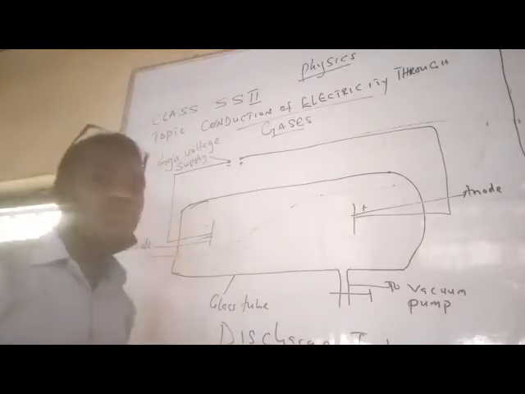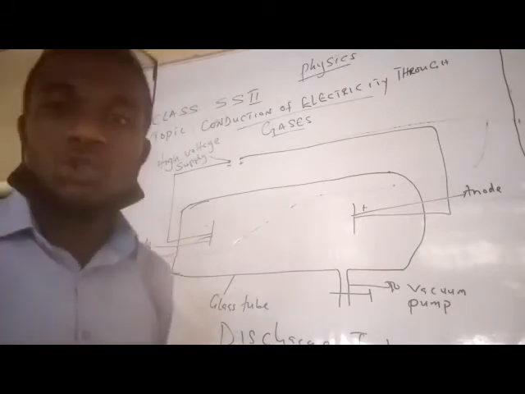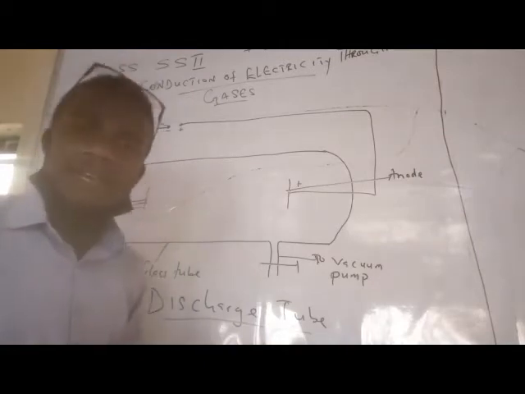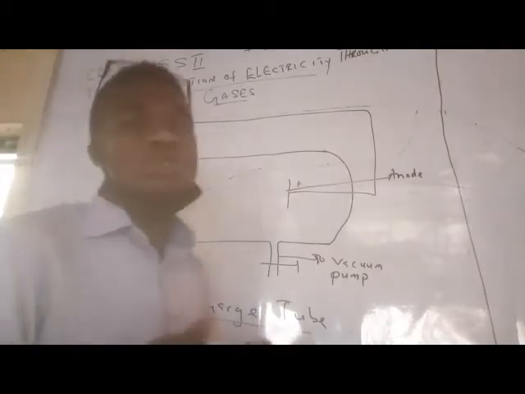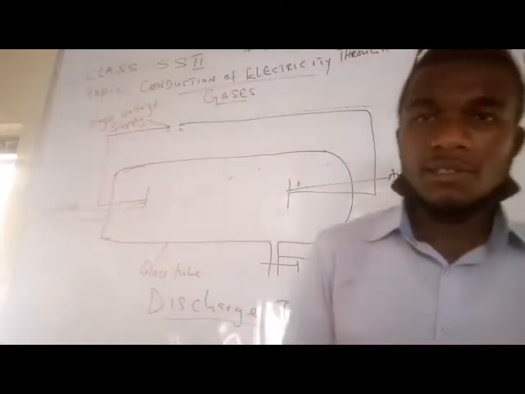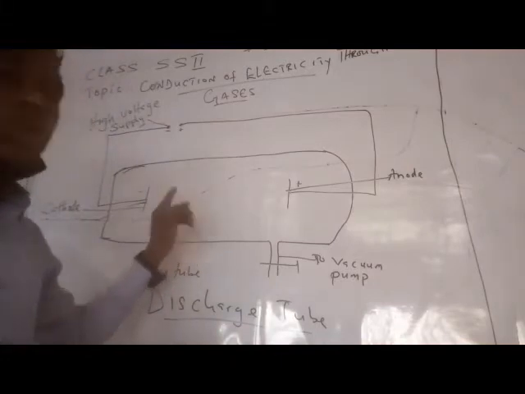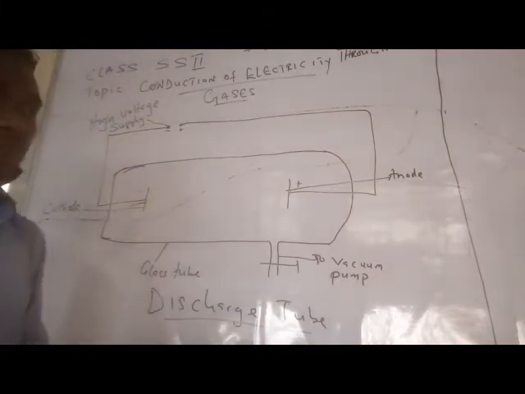Now, this discharge tube is what we use to study the flow of electricity through gases. On a normal day, we know that electricity can be transferred through air, through gases. But how can this discharge tube be made to conduct electricity?